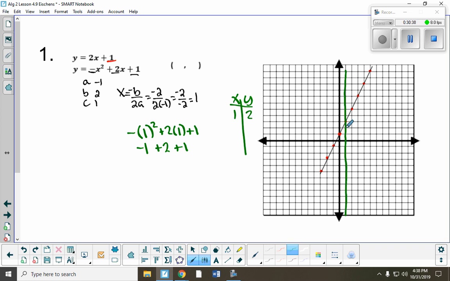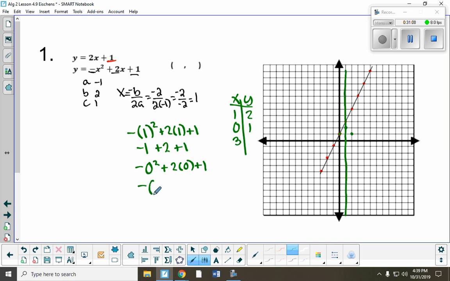So here's the vertex. You have to graph carefully or it looks like it's intersecting the line, but it's right next to the line. So now we'll substitute in 0. So then we would have 0 squared plus 2 times 0 plus 1, we get 1. Oh, here's an overlapping point right here. And let's substitute in 3.